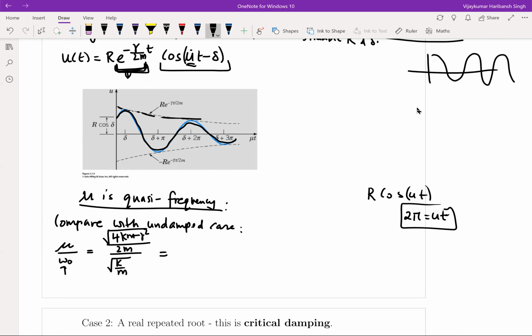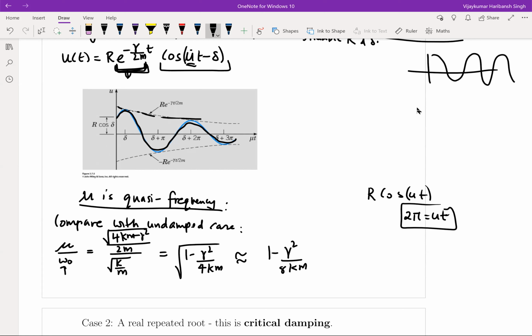If you simplify this, it is square root of 1 minus gamma square by 4km, which is roughly, for very small x, 1 minus gamma square over 8km. This is some kind of a Taylor expansion.